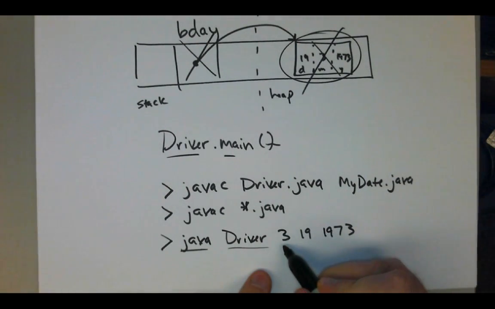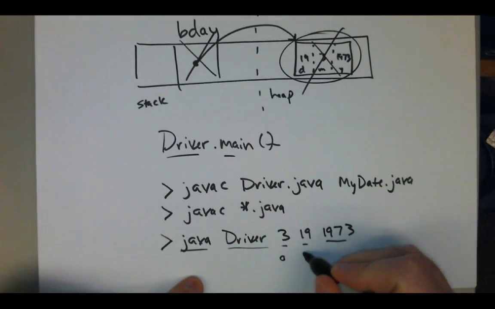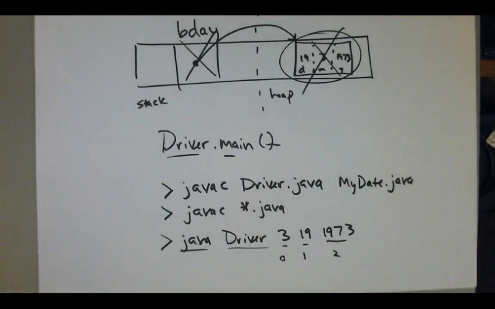And then I put a space and I put three pieces of data. Each one of these pieces of data separated by a space is going to fill this array of strings called args. And what I can do then is refer to these pieces of data using args[0] for the first one, args[1], and args[2]. Now these come back as strings.